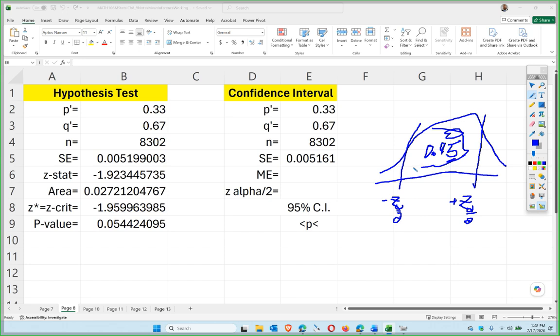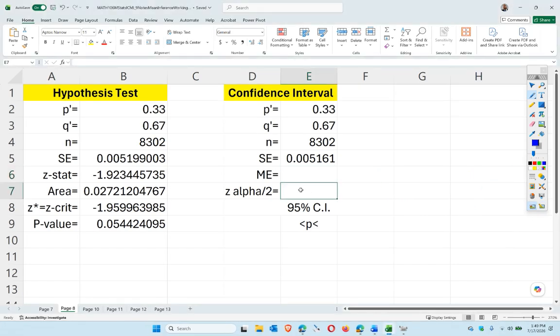So confident, your answer is in here. All right, so we need to go from here to here, because this is half alpha, which is 0.025. So from here to here is 0.975. So norm.inv of 0.975, comma 0, comma 1.